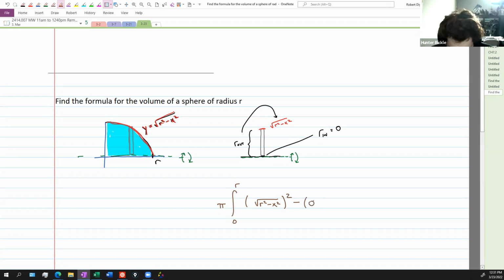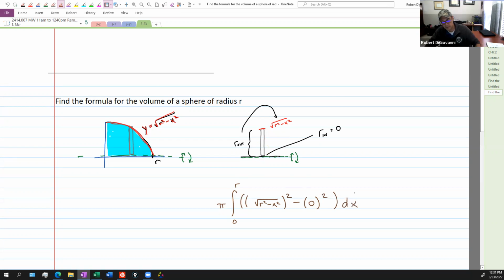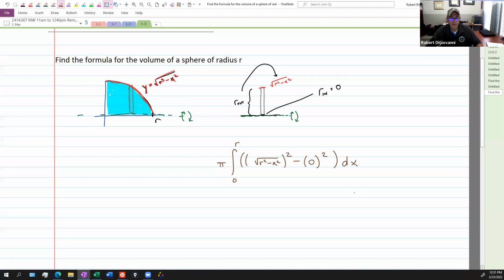Minus the inner function, which was 0 squared, dx. And isn't squaring that thing going to be nice for us? Because you're going to square the square root and it's going to go away. So you get pi times the integral from 0 to r of just r squared minus x squared dx.